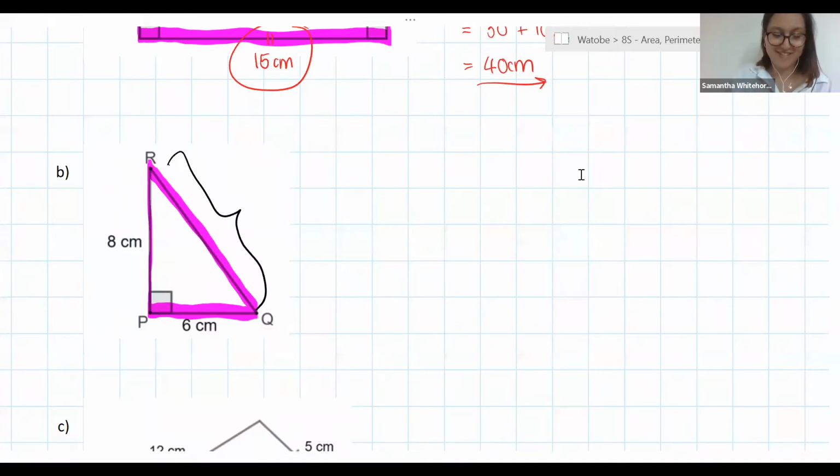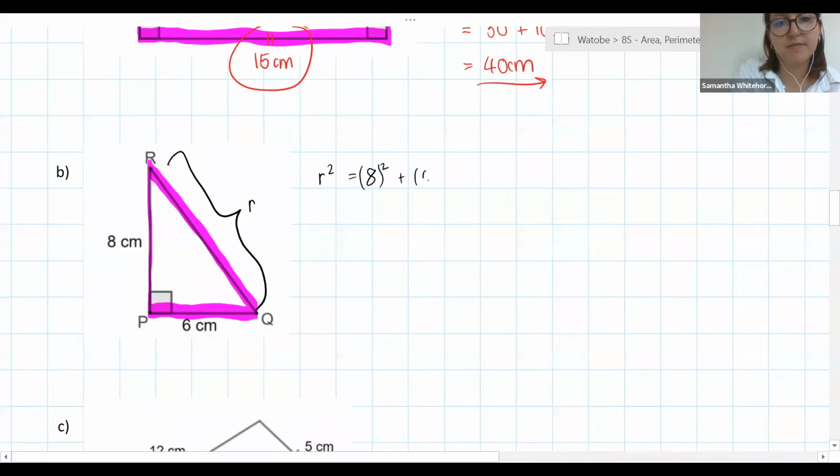I gave the hypotenuse a variable, R. I said R squared equals 8 squared plus 6 squared, and then R squared equals, R equals the square root of 8 squared plus 6 squared. And then I said R equals 10.